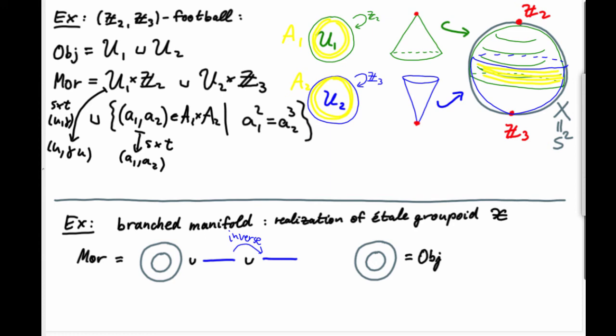So if you glue things together with your realization, that was X here, topologically you're going to get exactly S2. Except the smooth structure on object and morphism spaces has now given you a smooth structure on that orbifold S2.